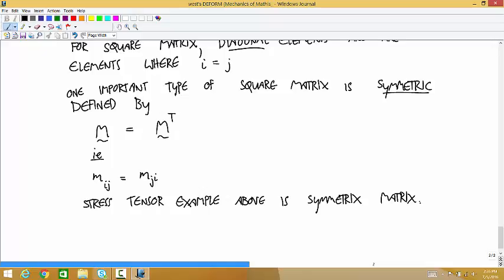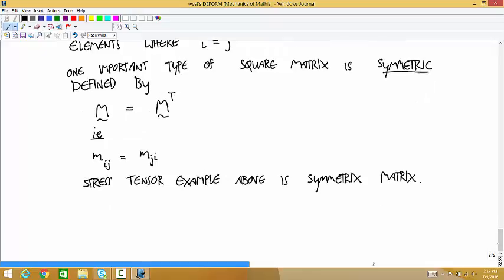Symmetric matrices have a super useful property, and I don't know, probably everybody's heard this term before. I don't know how many of you have done this in classes before, but we'll get to it and talk about it in detail.